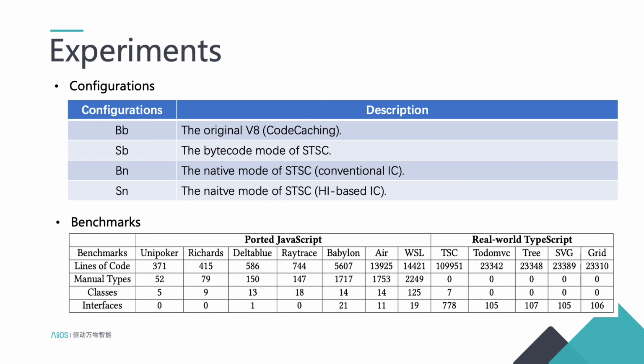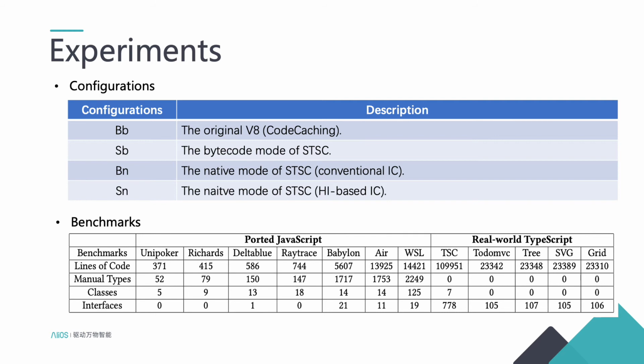To demonstrate the performance of STSC, we select benchmarks from the industry benchmark suite JetStream 2 and real-world applications. All the benchmarks and applications are displayed in the benchmark table. The lines of code indicates the lines of the TypeScript code. Note that the lines of code of the four Vue.js applications include the lines of code of the Vue.js framework.